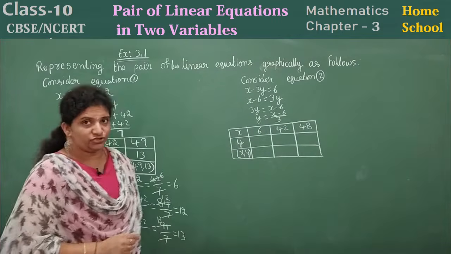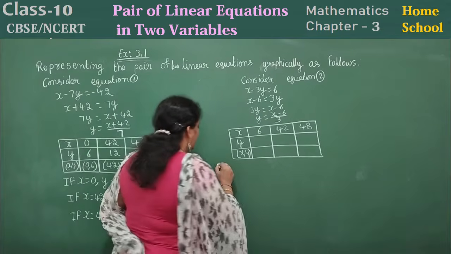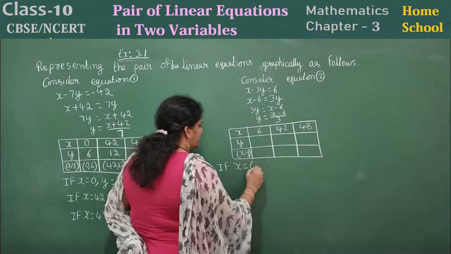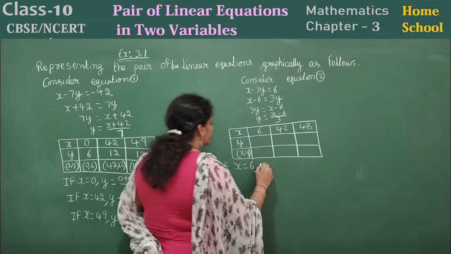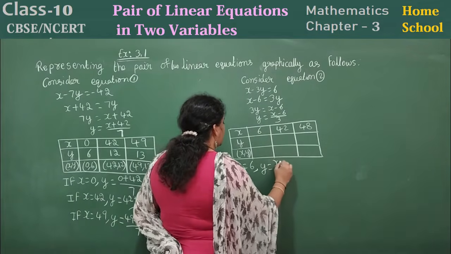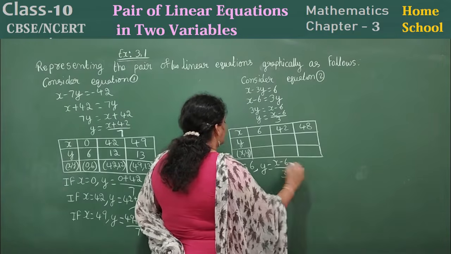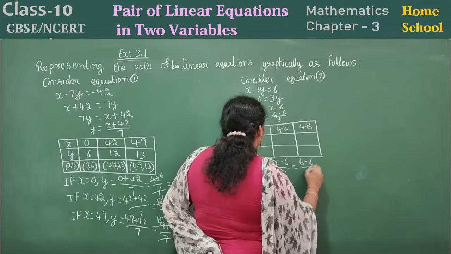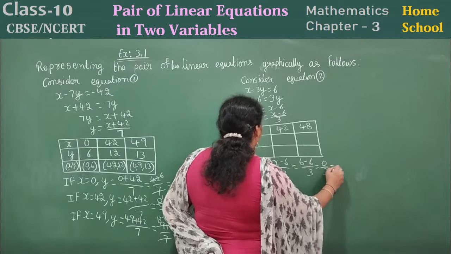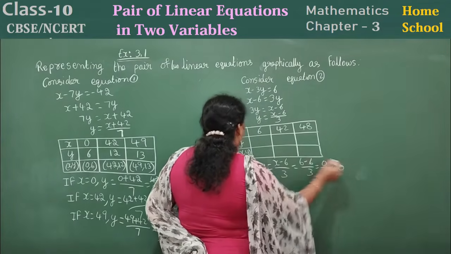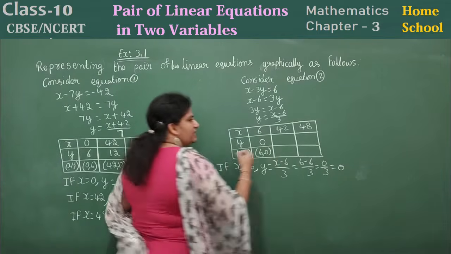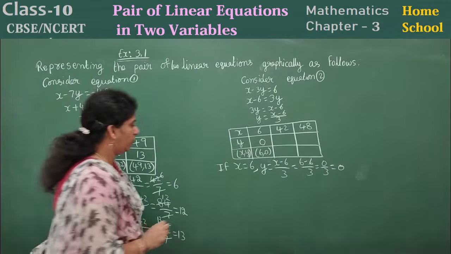Any number you can choose, right? Now, if x equal to 6, take this equation, y is equal to x minus 6 by 3. In the place of x, substitute 6. 6 minus 6 by 3 will be 0 by 3. That will be 0. So if x is 6, y is 0. That will be 6 comma 0.